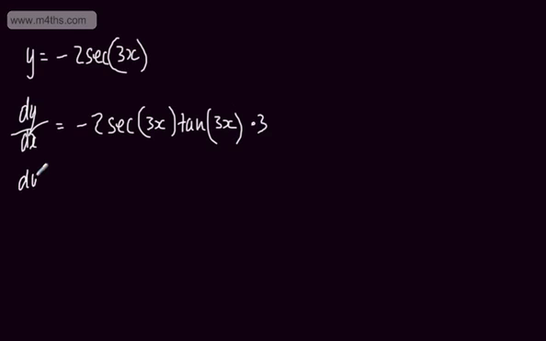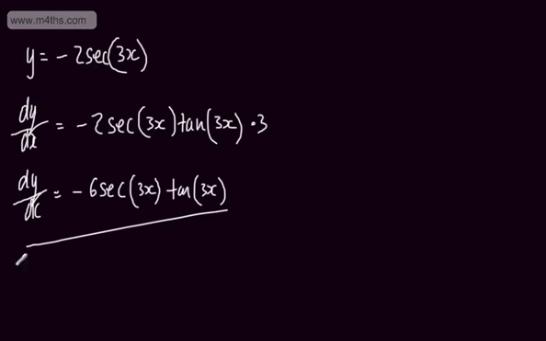So we can write that dy by dx, by the chain rule, is minus 6 sec 3x multiplied by tan 3x. So I've differentiated the outside function. The derivative of sec x is sec x tan x. I've then multiplied through by the derivative of the inside function. The inside function was 3x. We've rewritten that inside function and simply gone ahead and dealt with it.